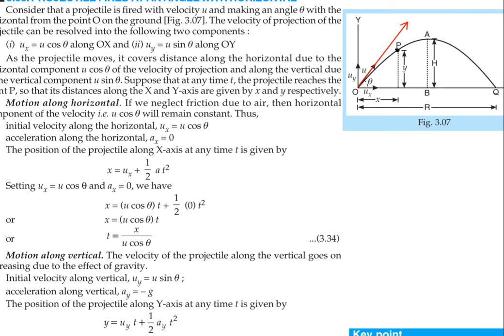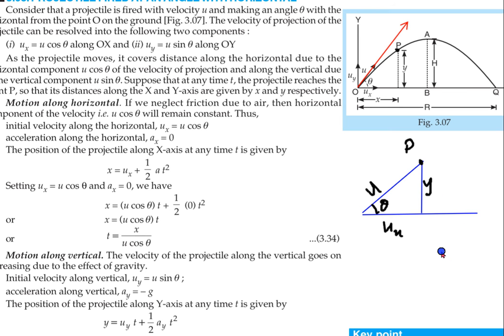Let me draw another diagram. This is the horizontal line, and this is the initial motion along a straight line, and here is point P. The angle between the initial line of motion and the horizontal is theta. So I have ux here, and the initial velocity is u, so I can find ux.